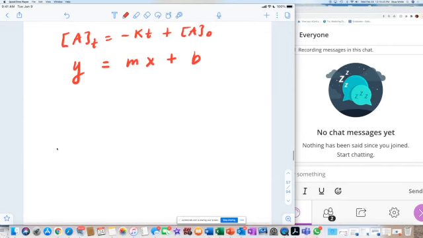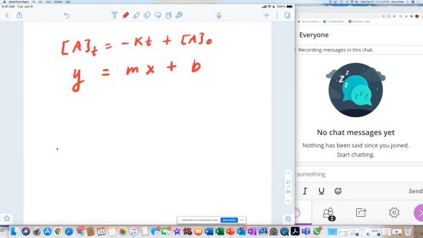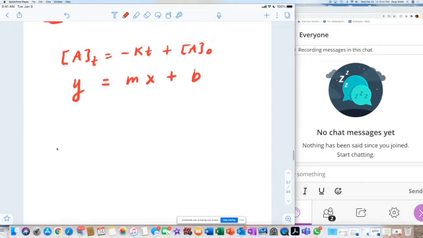You can see this is the slope-intercept form of a line. It's linear. The y-axis is the concentration of A, the reactant at any point in the experiment, the amount left over. This will be the initial amount, the starting amount. We know it's linear because it matches this format.